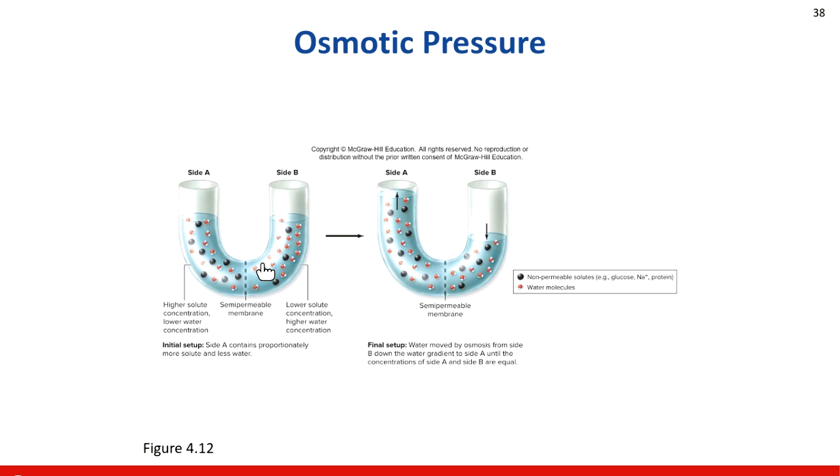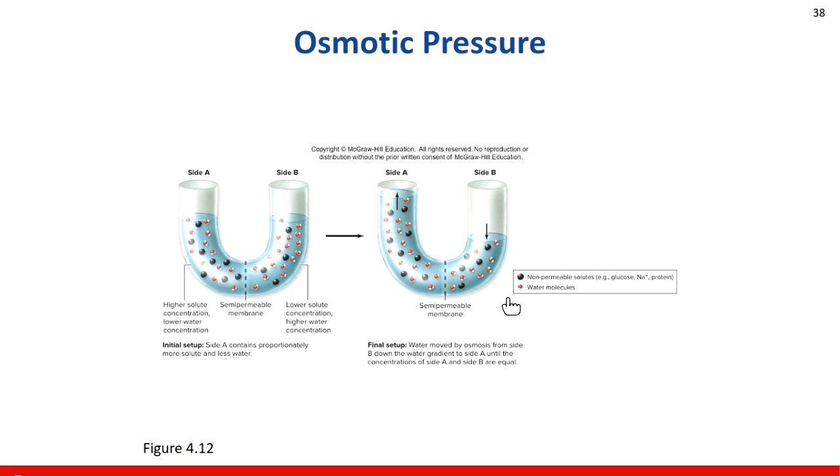Write down your answer. If you guessed that it's going to move from side B into side A, you are correct. That's what will happen because it has the higher solute concentration and the lower water concentration. So it's going to move until it's at equilibrium. Please, please, please understand that.